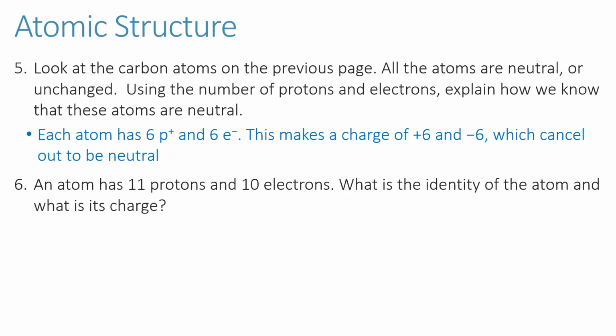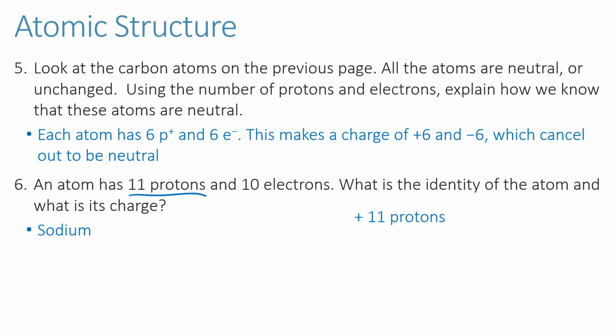So an atom has 11 protons and 10 electrons. What is the identity of the atom and what is its charge? First, the 11 protons tells us that this is sodium. Sodium is the only element with 11 protons. If it doesn't have 11 protons, it's not sodium. Now, what about its charge?